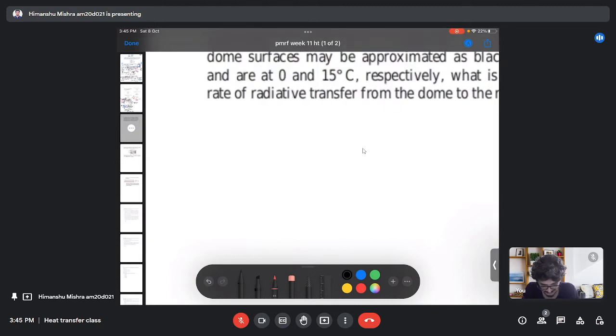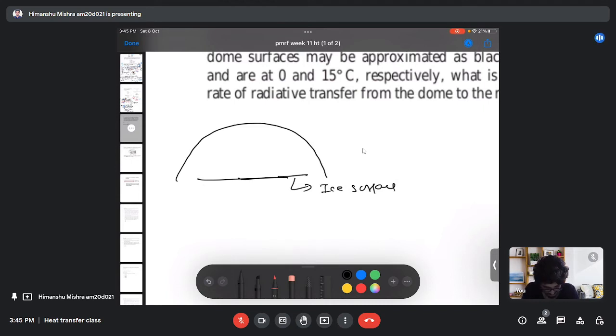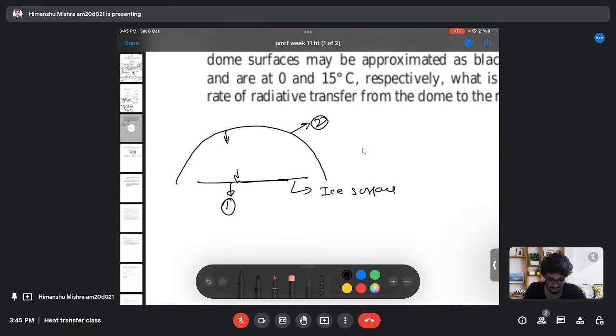In the question, it is given that there is an ice surface and it is surrounded by a hemispherical dome. So this ice surface is surface 1 and this dome is surface 2. Then we need to find the heat transfer from this dome to ice sheet 1.